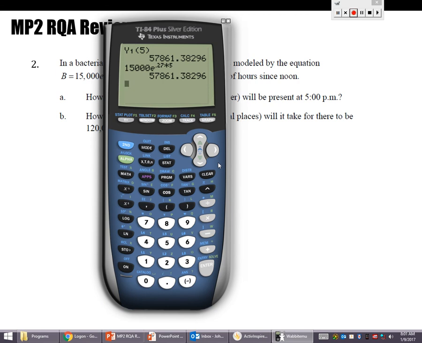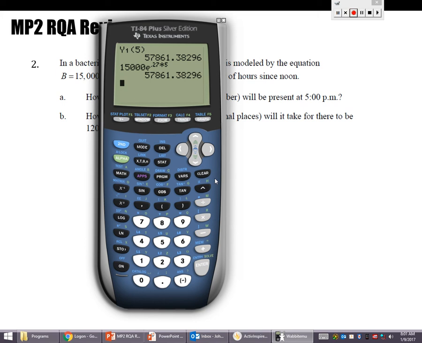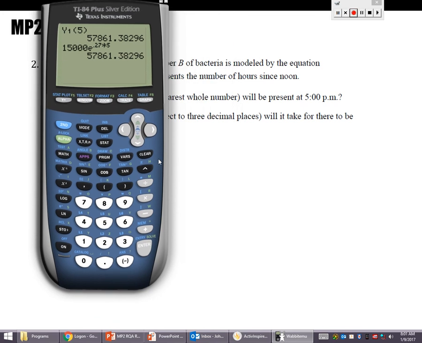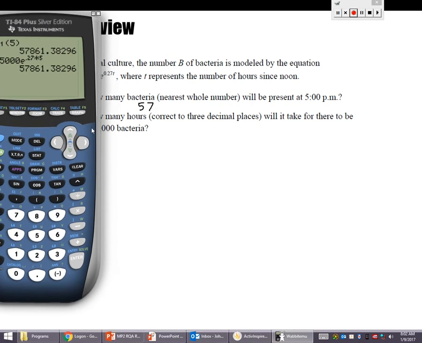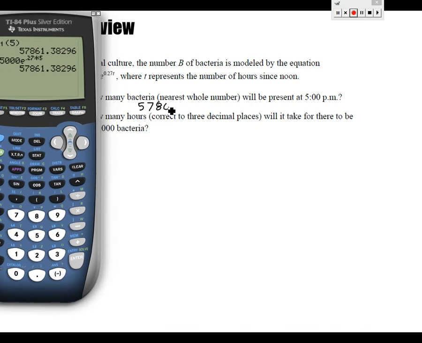So that's convenient, the way we have it set up. Great, so 57861. Let's see if I can remember that. 57,861.383. So let's say to the nearest whole number, 57861, I guess.